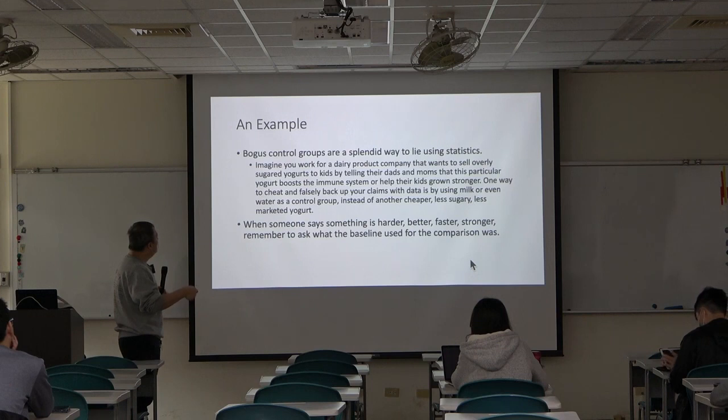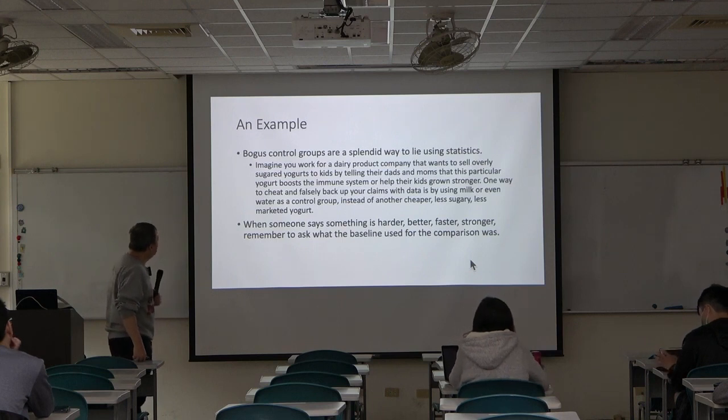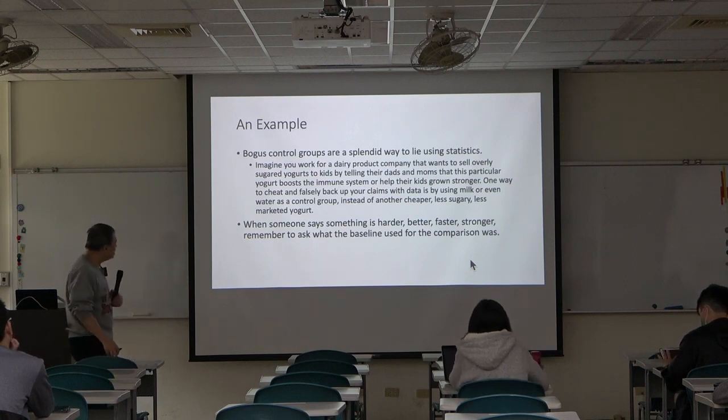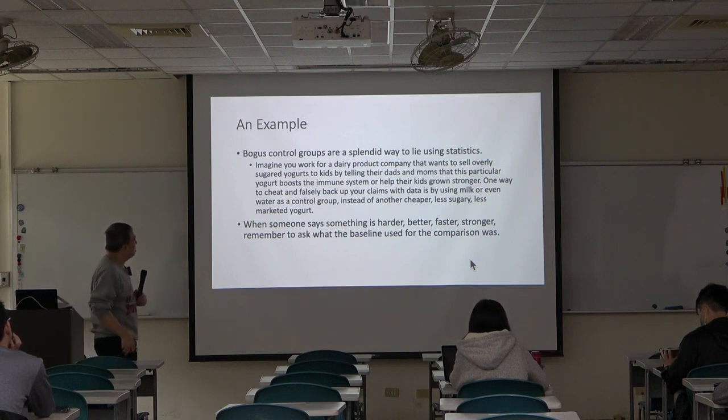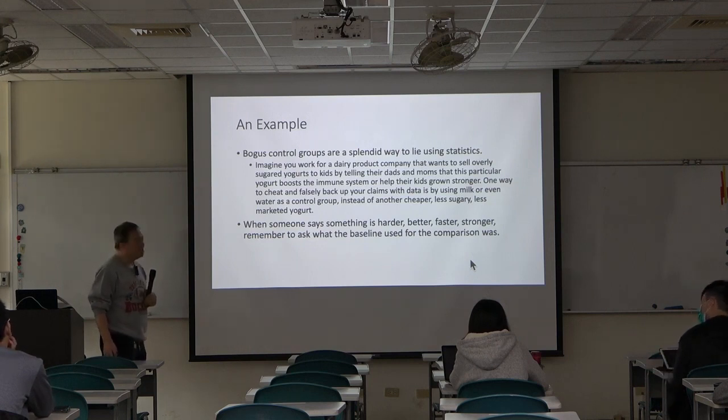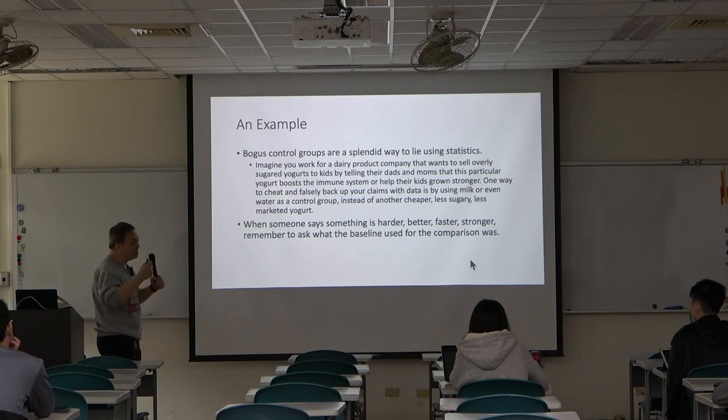imagine you work for a dairy product company that wants to sell overly sugared yogurt to kids. They will tell the kids and their mom and dad that this particular yogurt boosts the immune system, the system that defends against disease, so it helps the kids grow stronger.